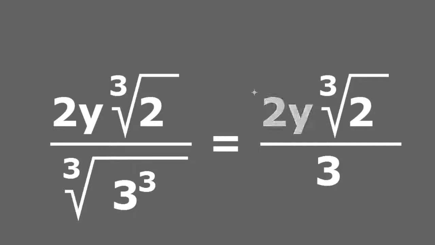I cannot simplify the 2y with the number 3, and I cannot do anything with the cube root of the number 2. The cube root of the number 2 is not an integer, and since it is not an integer, I'm just going to keep expressing it as the cube root of the number 2.